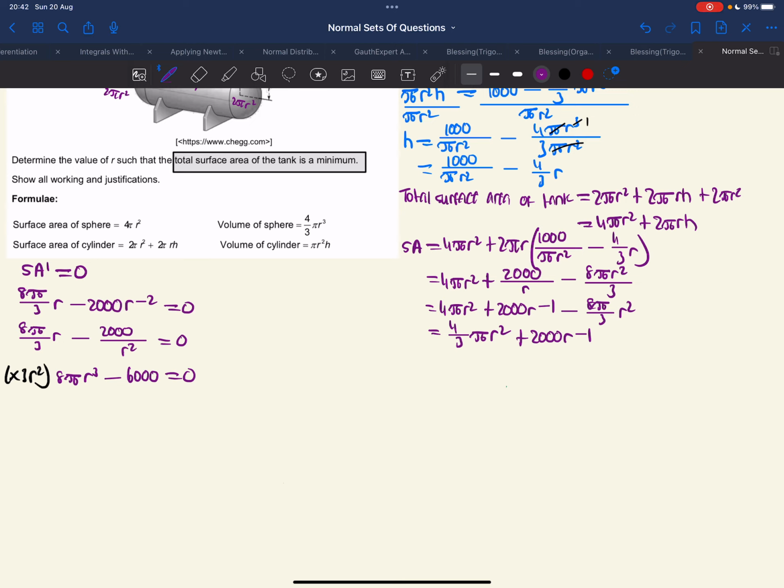Then what we can do is take the 6000 to the other side and divide both sides by 8 pi. Then we're left with r cubed equals 6000 over 8 pi.